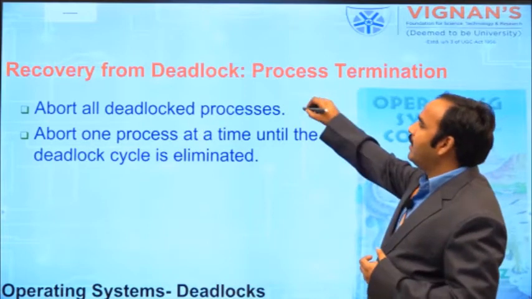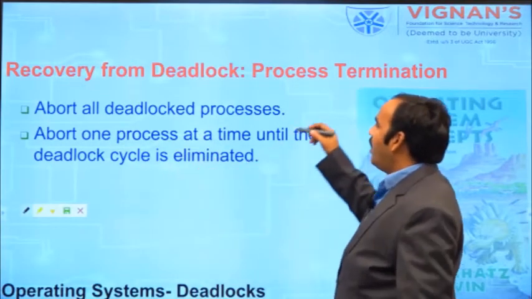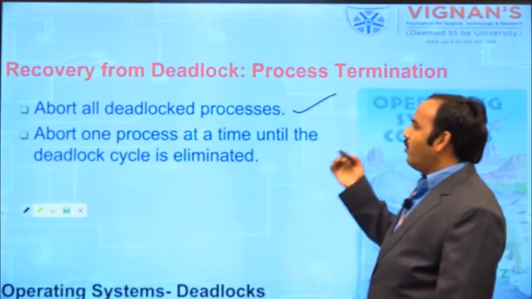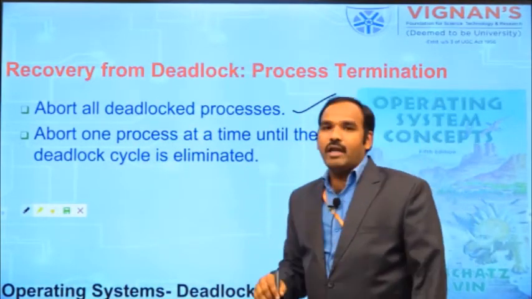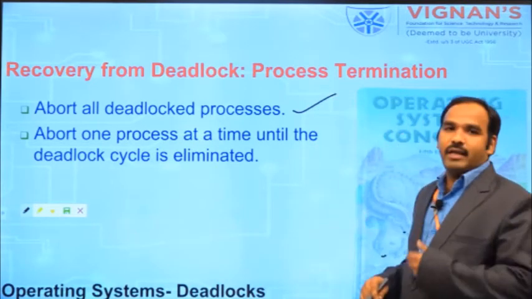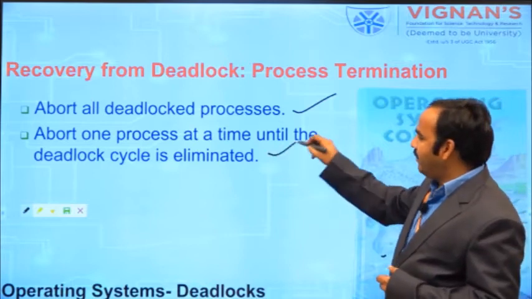So, the first way is to abort all deadlocked processes, and the second is to abort one process at a time until the deadlock cycle is eliminated.